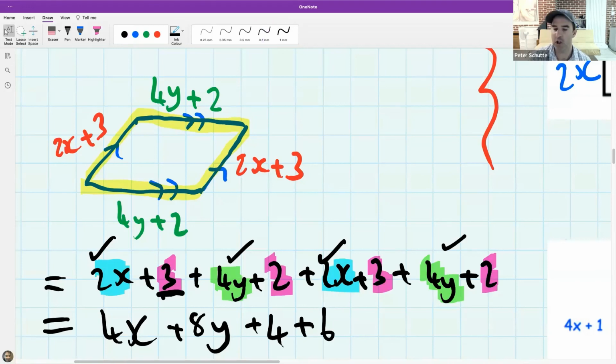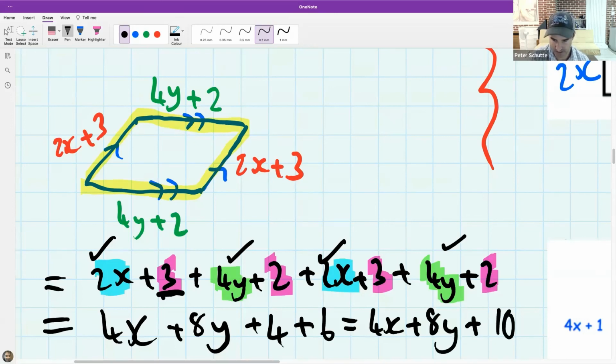Almost perfect. What's the last thing you can do to simplify even further? Aren't 4 and 6 also like terms? Yes, they are. So it's 6 plus 4. And what do you get then? 10. Absolutely perfect. So you get 4x plus 8y plus 10.